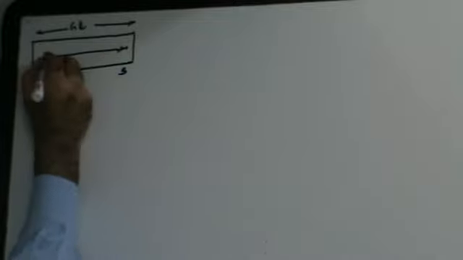But the poles are not situated at the ends. North pole is situated somewhere here, south pole is situated somewhere here. So the magnetic length is always less than the geometric length of the magnet.